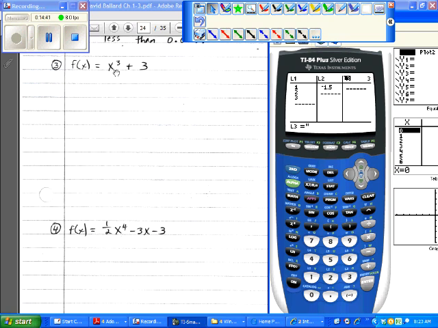And my formula is x cubed plus 3, but I want to pull from the stuff I put in L2, right? So I need to tell it L2 cubed. I need to hit second 2 for L2, raised to the third power, plus 3.